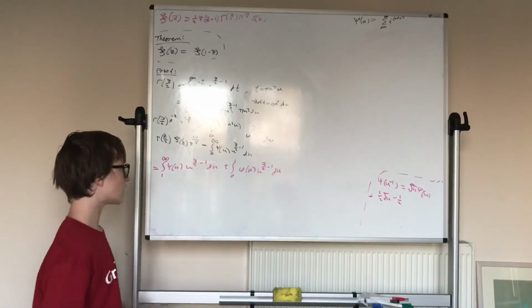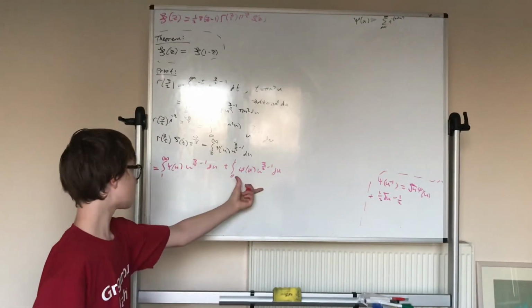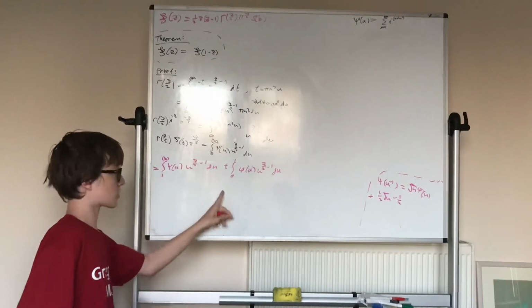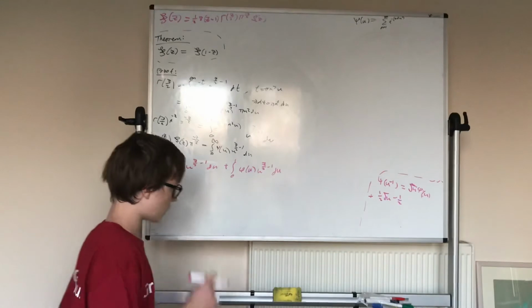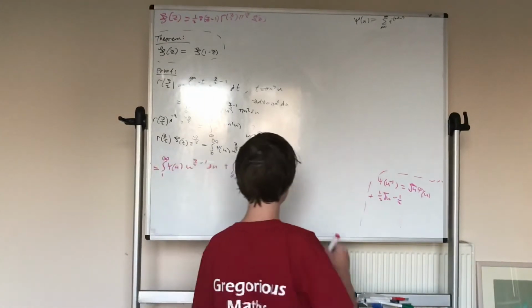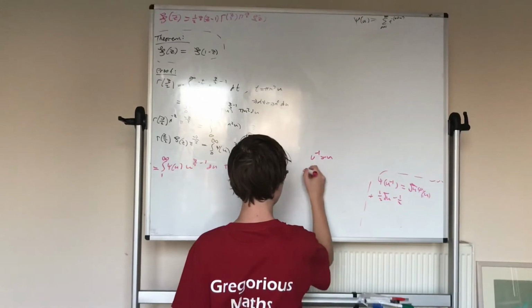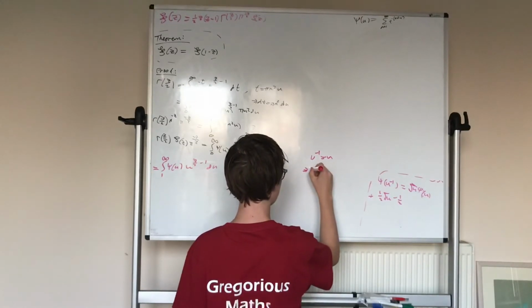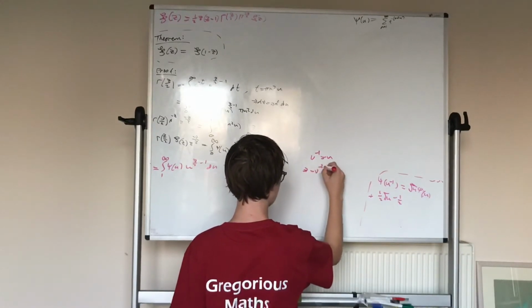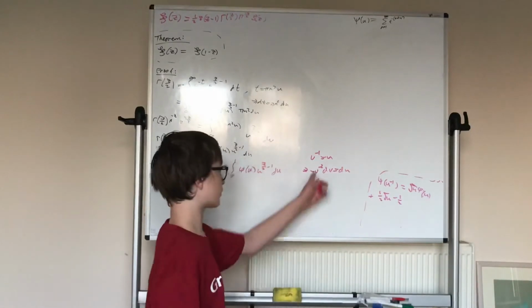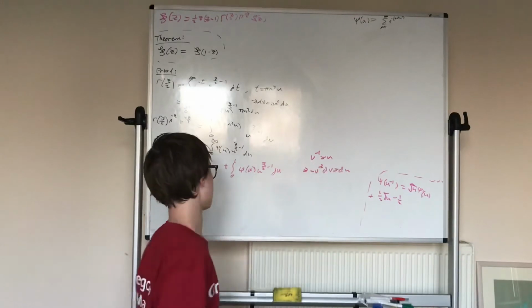Okay, and now this step I wouldn't think of doing, but it actually makes a lot of sense after we do the substitution v to the negative 1 equals u. This means that negative v to the negative 2 dv equals du. Okay, and this also means that u to the negative 1 equals v.